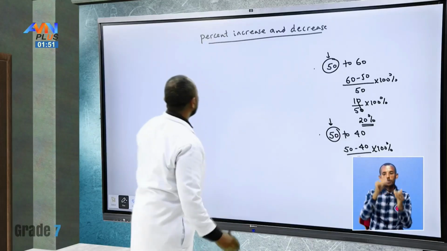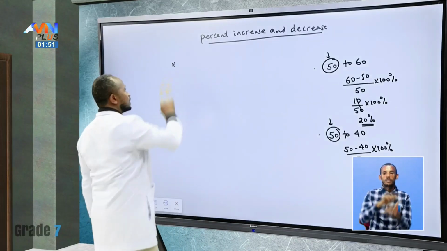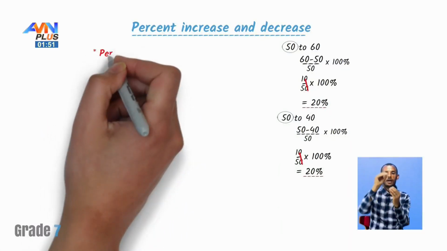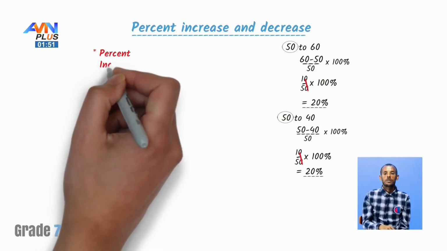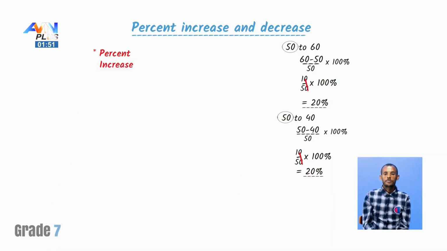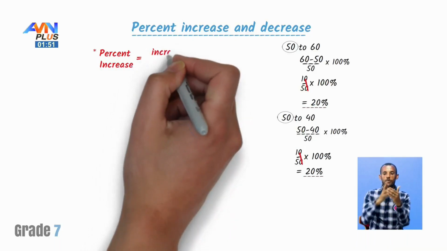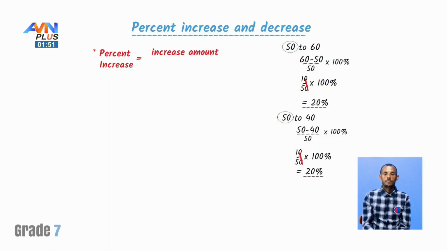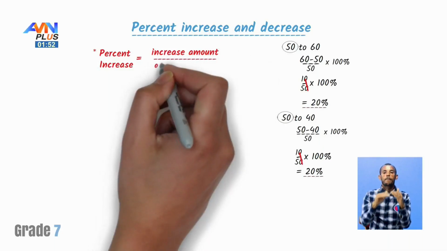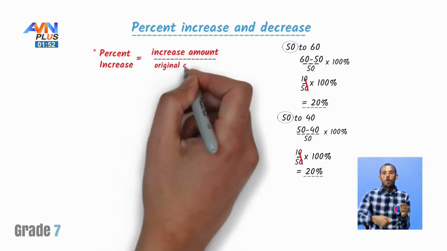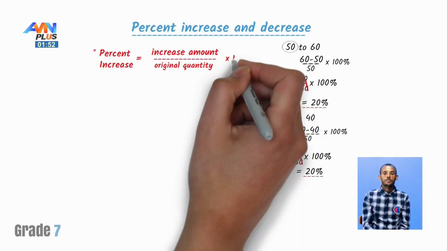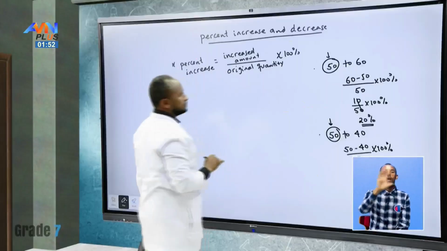Therefore, to calculate percent increase, the formula is the ratio of the increased amount divided by the original quantity, times 100%.